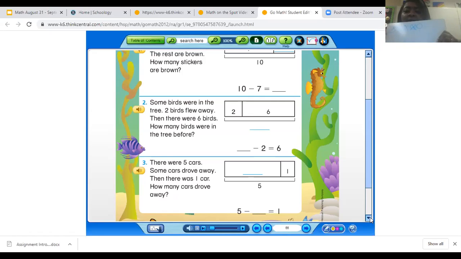All right. So how many did I cross out? I crossed out 4 because that means that there's only 1 left now, okay? So how many cars drove away, leaving 1? 4. Very good. So 5 minus 4 is equal to 1. All right.